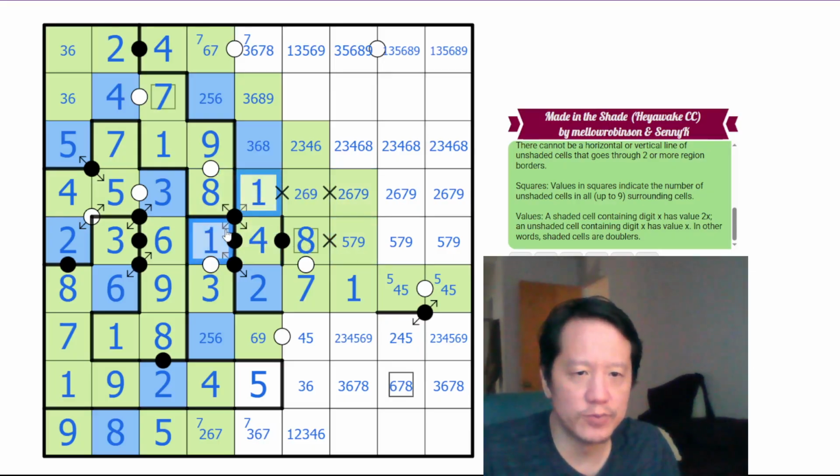These are definitely different borders. So these are different borders, or different regions. Different region, different region, different region, different region, same region, different region.